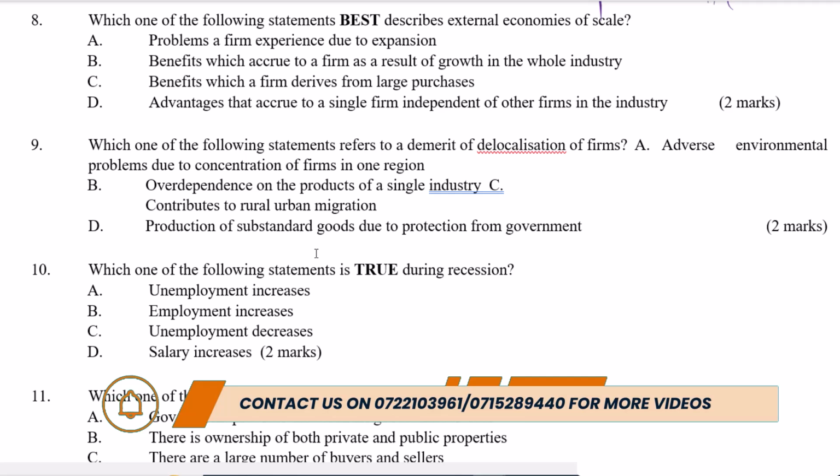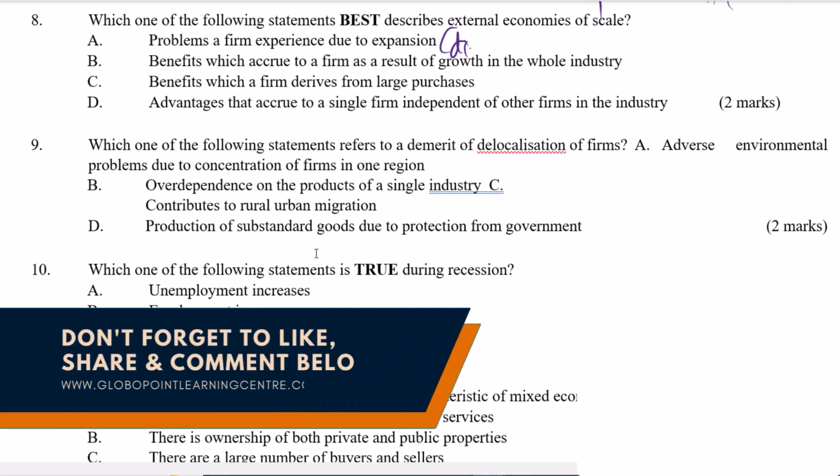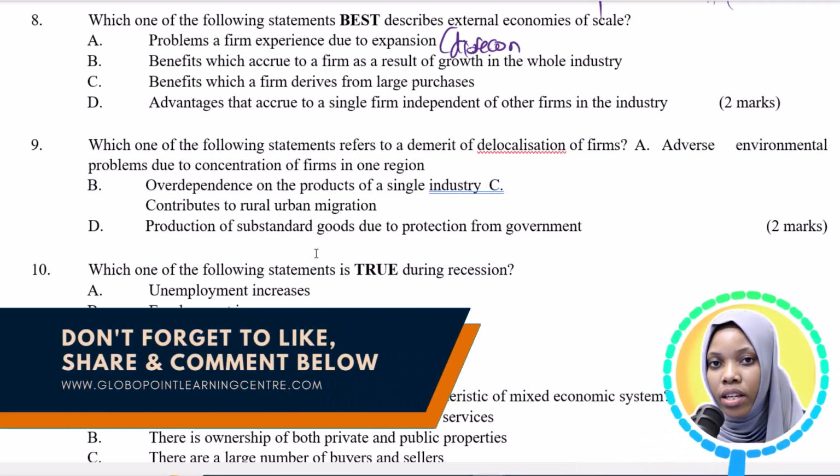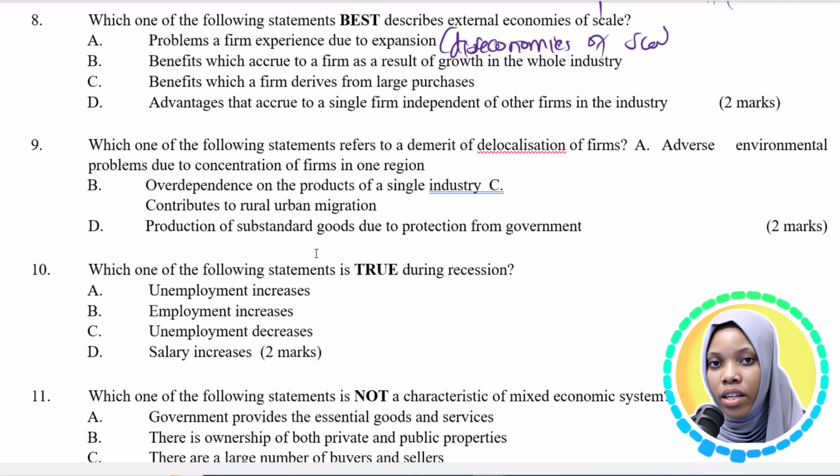This best describes diseconomies of scale. That is, diseconomies of scale occur when a firm becomes too large and experiences increased cost per unit as it expands its output.